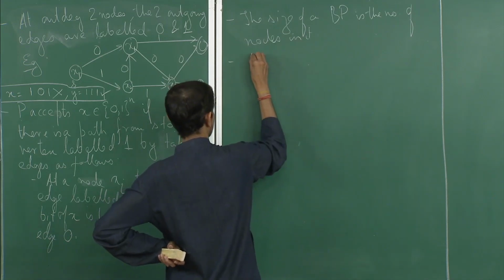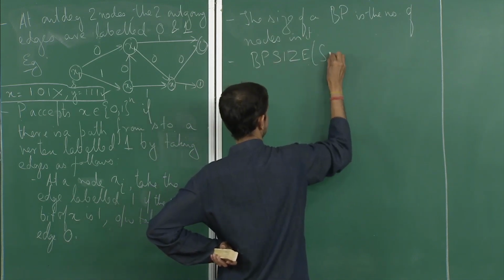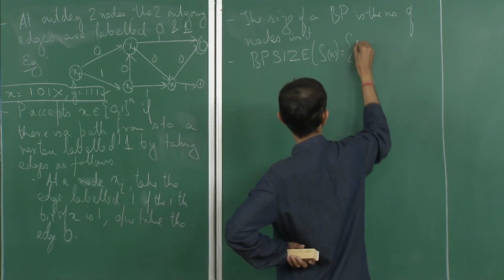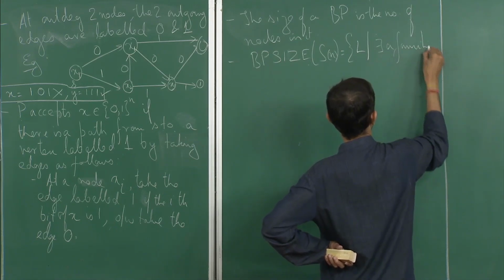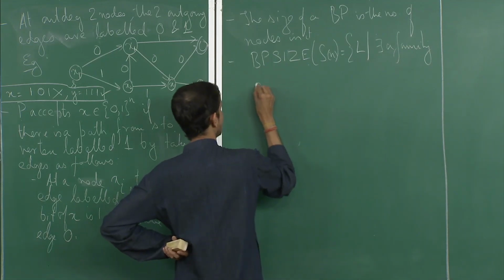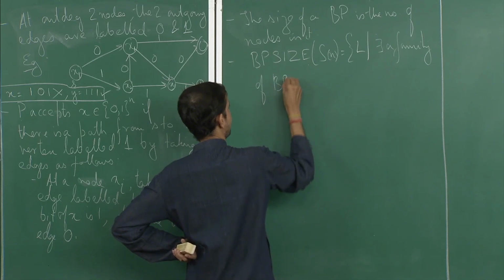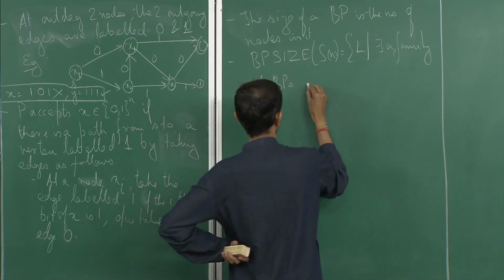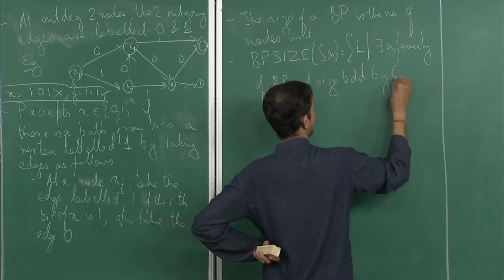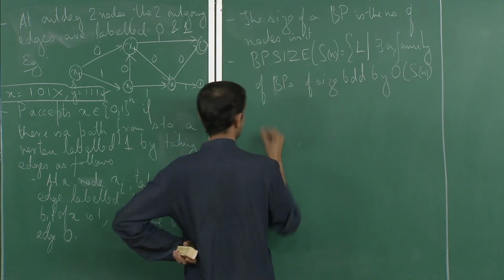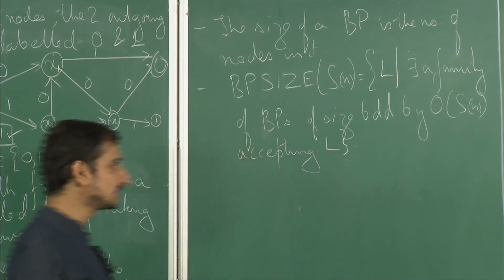And we can define the class BP-size of S(n) as the set of all languages L such that there exists a family of branching programs of size bounded by order S(n) accepting L. So this is in the natural manner.